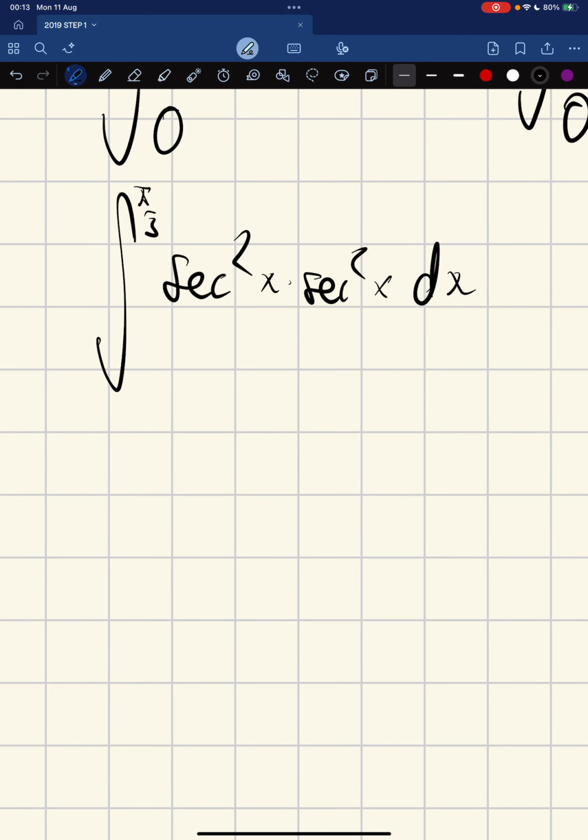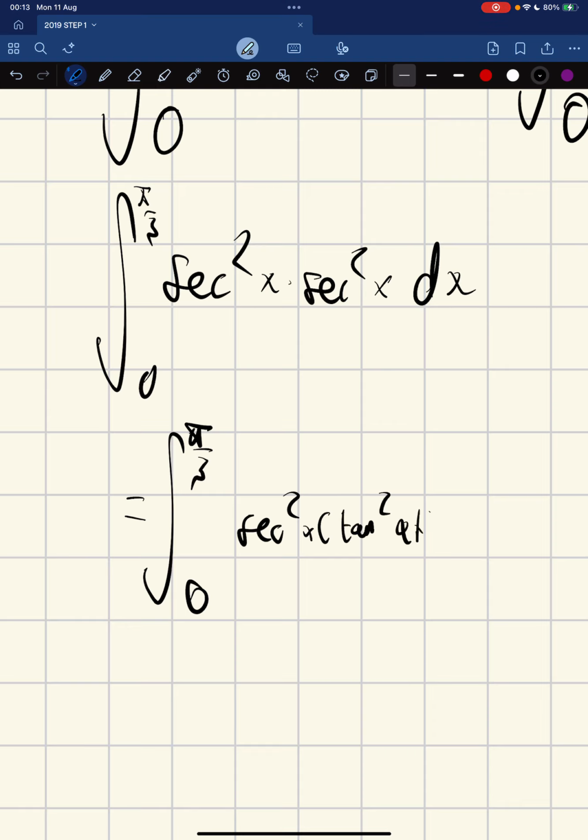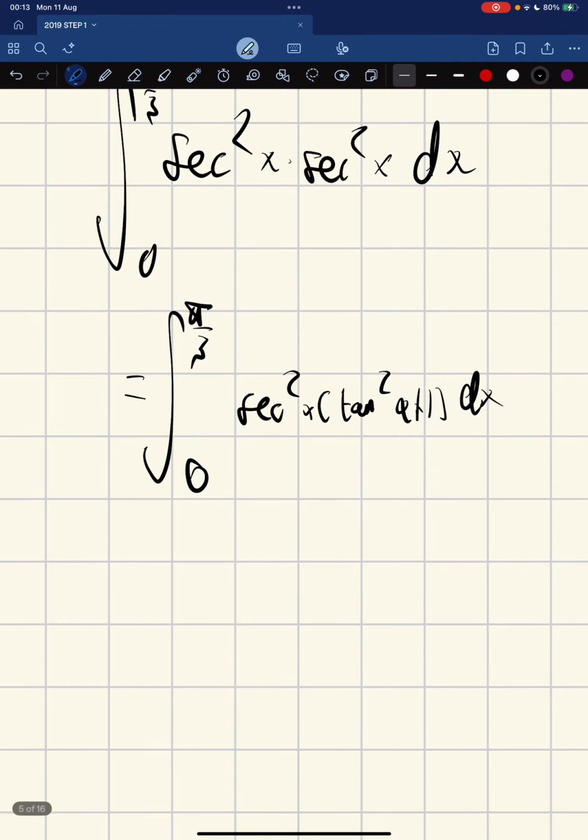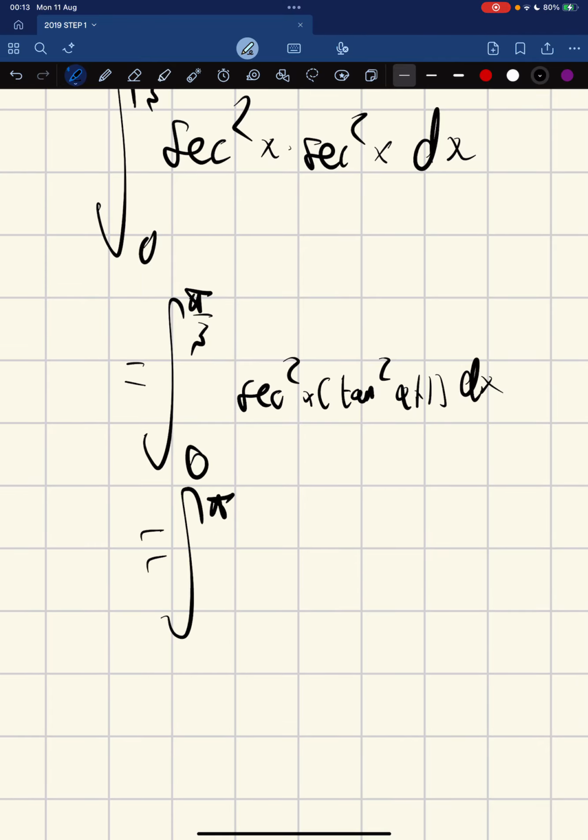So it equals sec squared x times tan squared x plus 1 dx. So that gives us sec squared x tan squared x plus sec squared x.